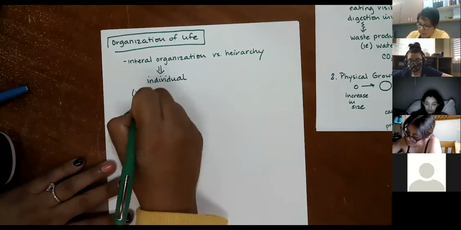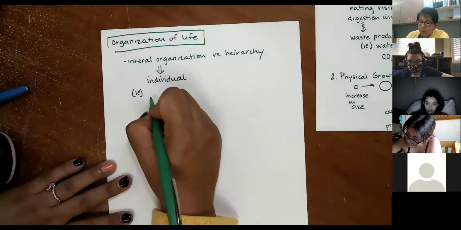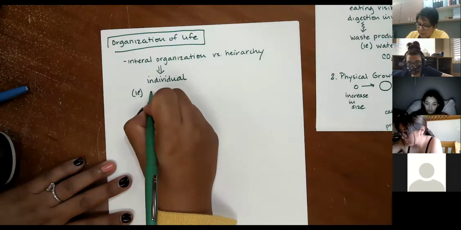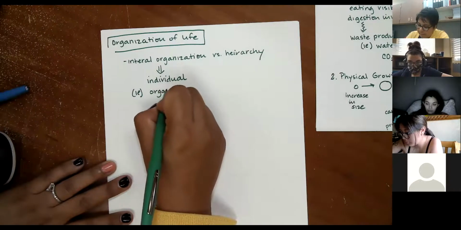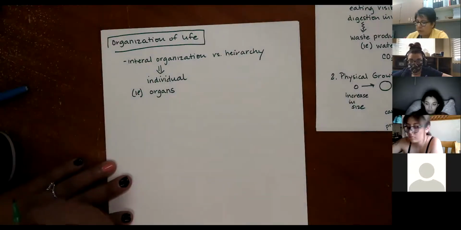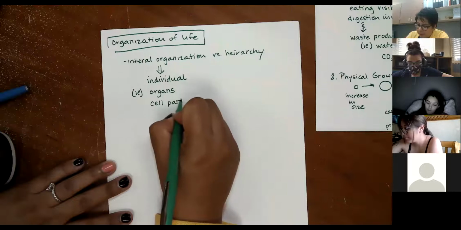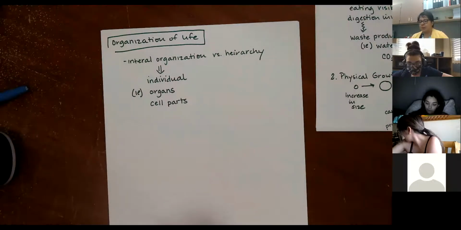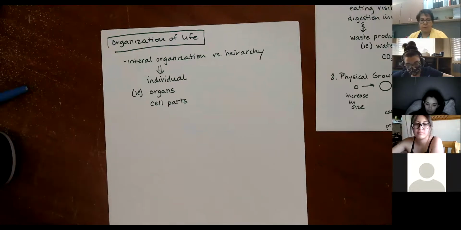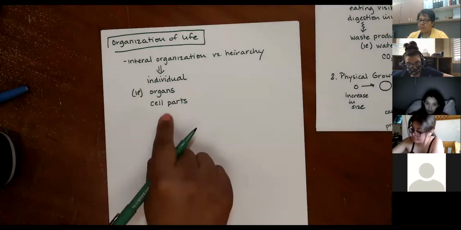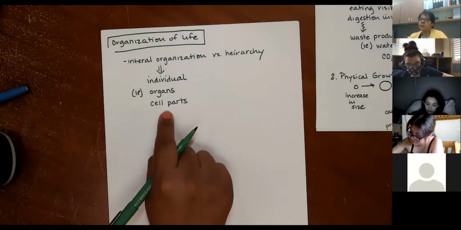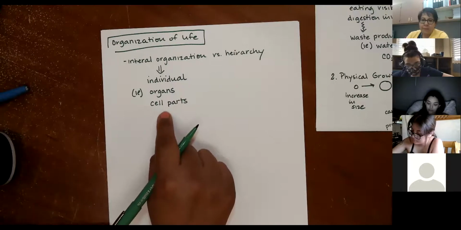So we can say, for example, you are organized because you have organs. You are also organized because you have cells, and each one of your cells has cell parts. If I were to open you up, I could see that you have parts to you. And even at the very most tiny level, even your cells have little parts. Even if I can't see them with the naked eye, you still have parts.